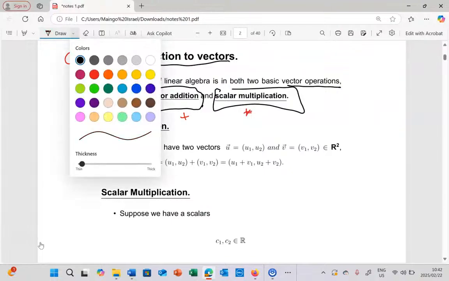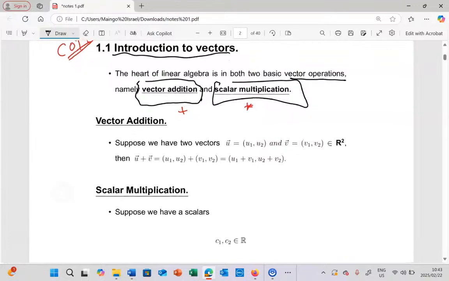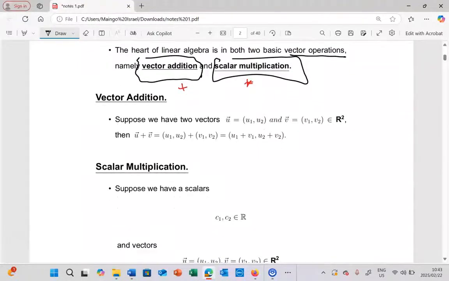These are the cornerstones of linear algebra, meaning that we are able to add two vectors and we are also able to multiply a vector by a scalar. So now let's take the individual operations.